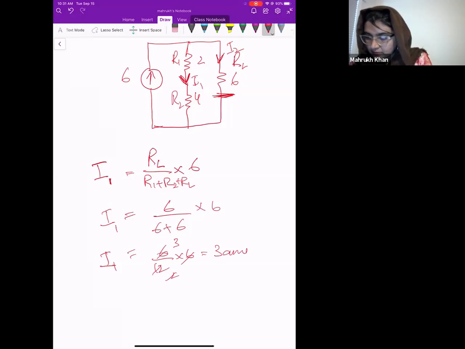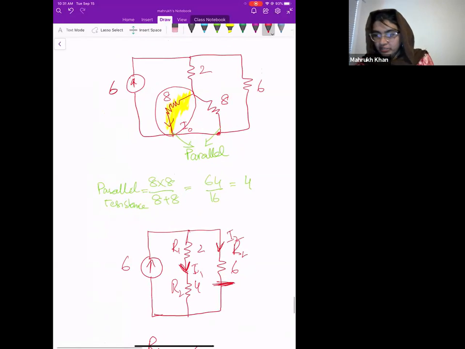Three amps, right? So now I have 3 amps. That's good. But I don't have I naught yet, right? So which means I have the total current, that is this one, that is 6 amps.